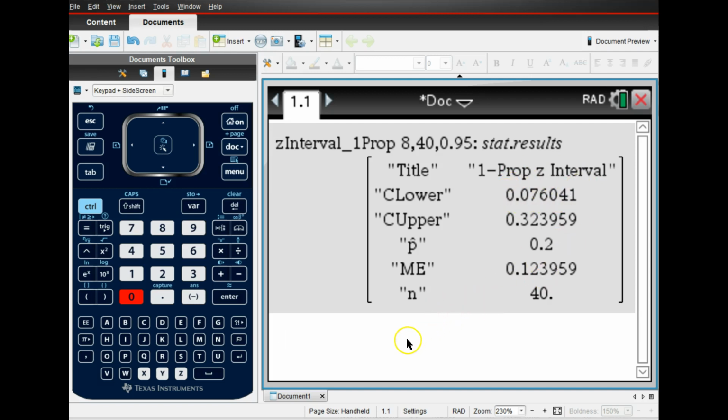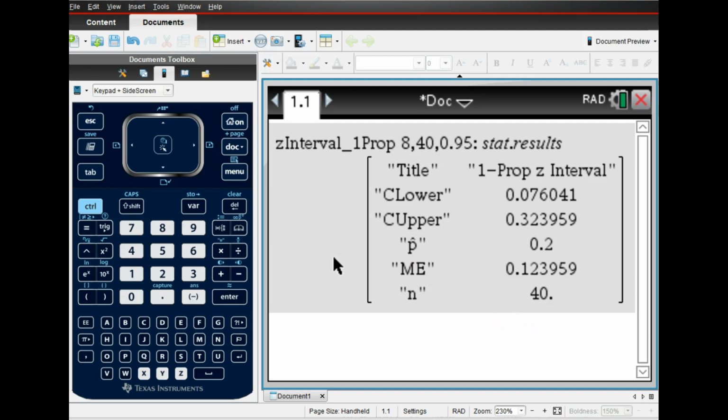If we were to write it out, I'd write 0.076, comma, 0.323, or actually round that up to 0.324. It even gives you your p-hat. It calculates that for you. It gives you your margin of error, so you wouldn't have to actually calculate that, although it's not hard to do. And that just reminds you how big your sample size was.